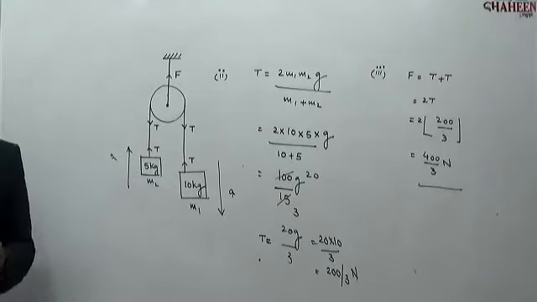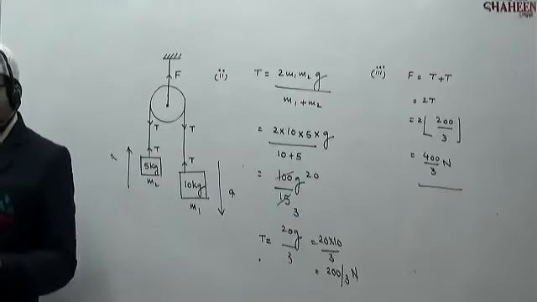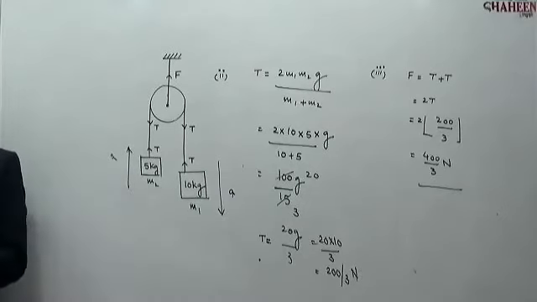In bracket write down, g is acceleration due to gravity.